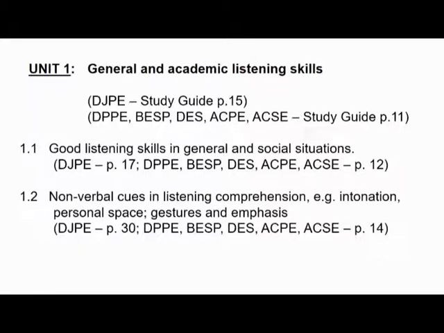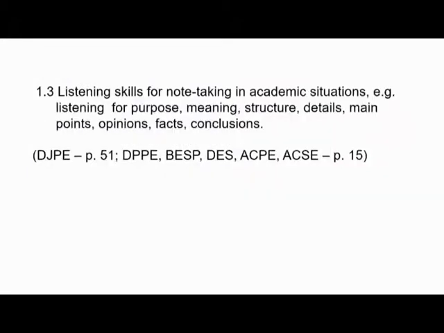So, the good listening skills in general and social situations, which is very important, and also the non-verbal cues in listening comprehension, for example, intonation, personal space, gestures, and emphasis. Those you can find either on page 17 or on page 12 for the other study guides. The DJPE will find the non-verbal cues on page 30, and the other students will find it on page 14 in their study guides.